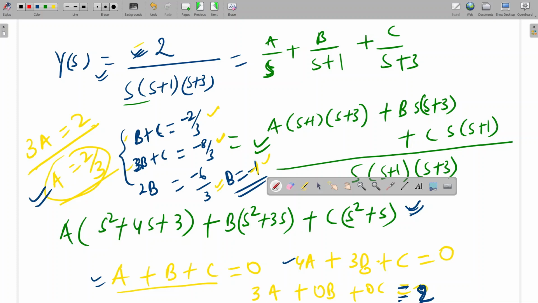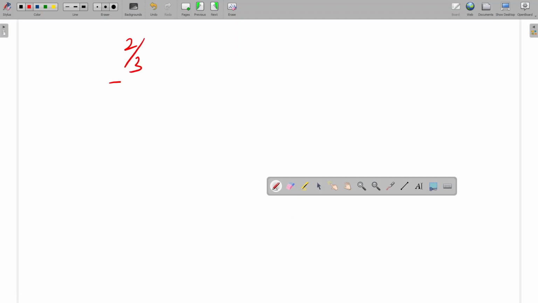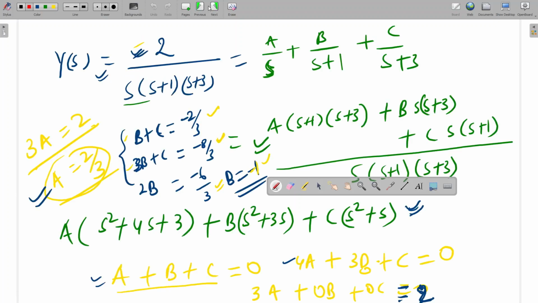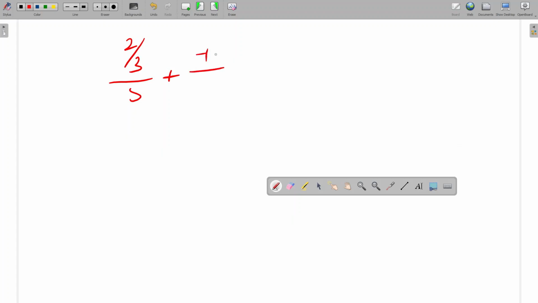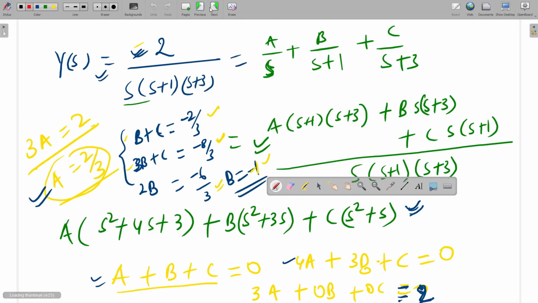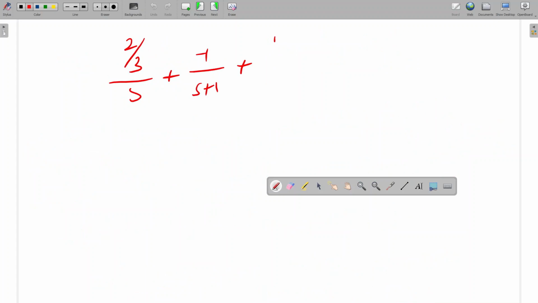Okay. So now we can put here. A is 2 by 3, so 2 by 3 by s, plus here b is minus 1, so minus 1 divided by s plus 1, and again the c value will be 1 by 3, so plus 1 by 3 divided by s plus 3.